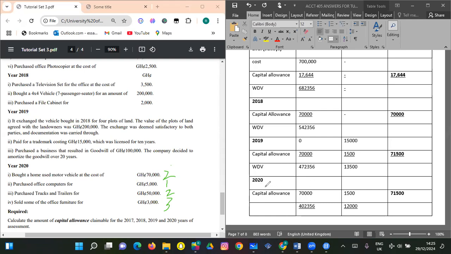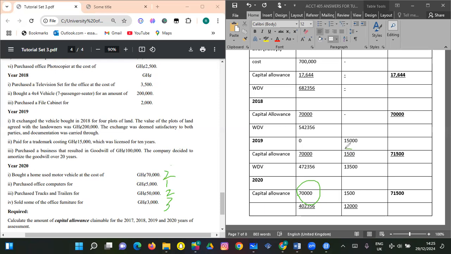So let's just quickly do the same thing. So still the 10% is based on the initial amount, which was 700,000, then we are getting 70,000. So once you subtract from the written down value, you are getting this. And then the patent too is on the estimated useful life.